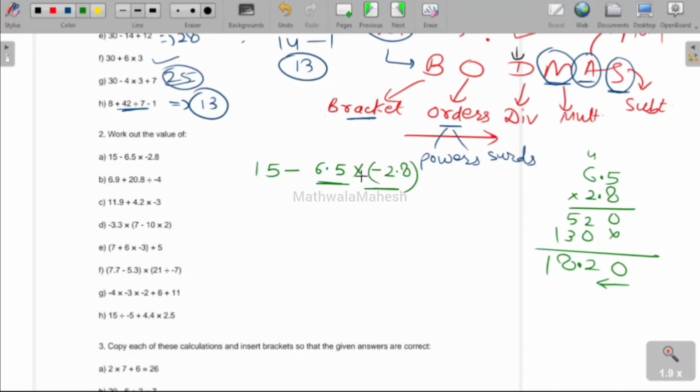So 6.5 multiplied by 2.8 is 18.20, and the negative sign is there.